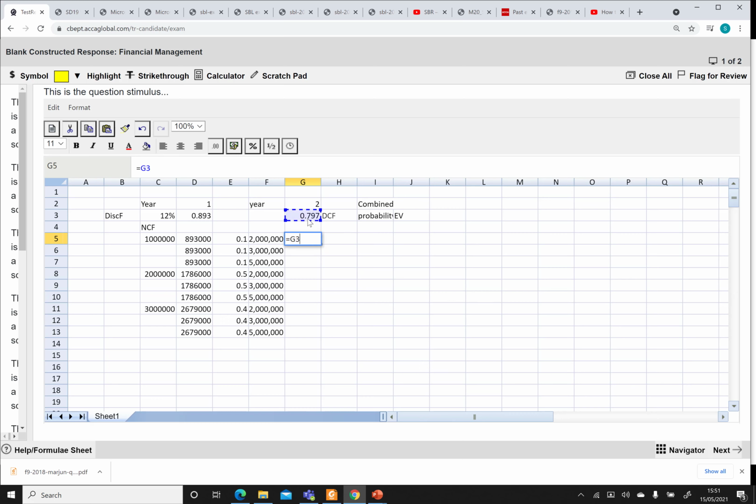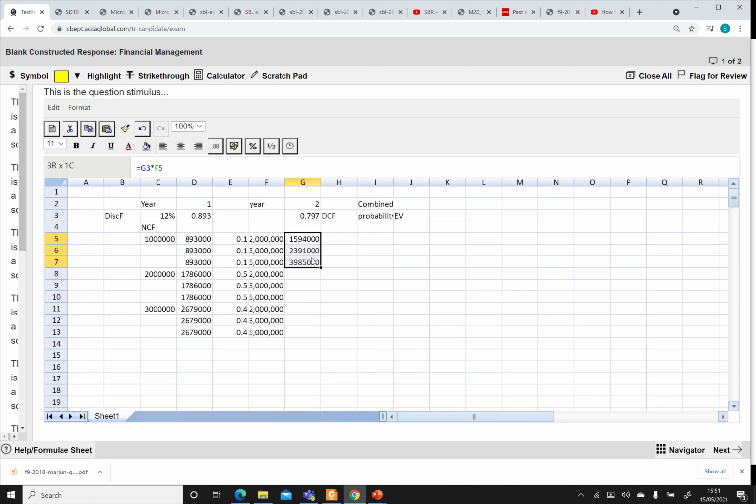What we do know though is that we've got the 0.797 figure to apply, and that's going to be applied to the cash flows in the second year. And here we've got 3,000 times that cash flow, and we've got 5,000 times that discount factor.